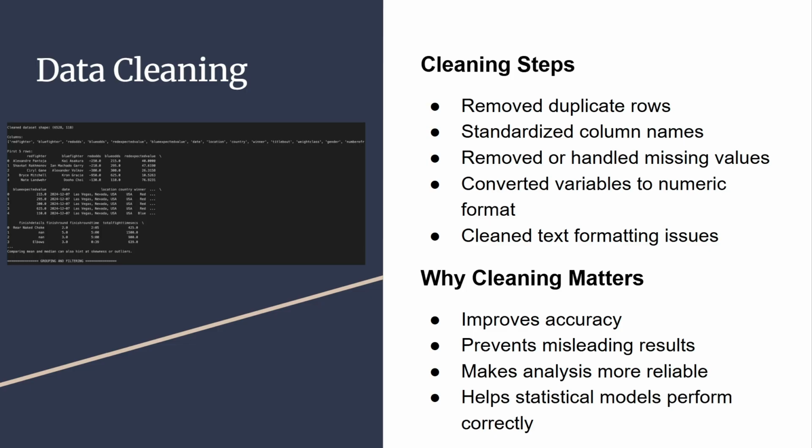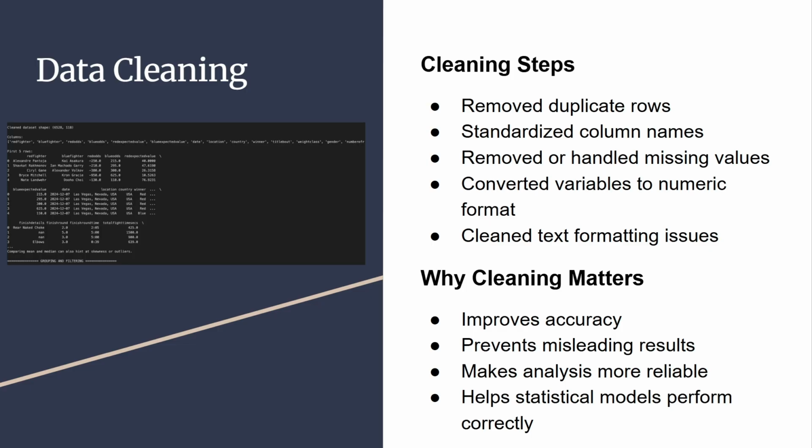Next, I handled missing values in important variables such as height and reach, because that's what we're looking at. And you can see on the left the data cleaning process. Rows that were missing critical information were removed from the analysis because they could interfere with statistical calculations. I also cleaned text formatting issues and converted certain columns into numeric format where necessary.